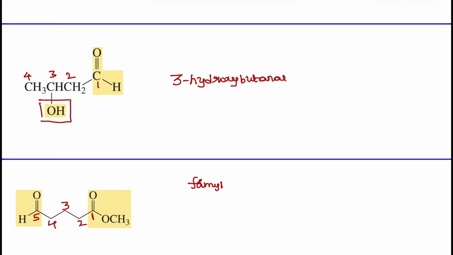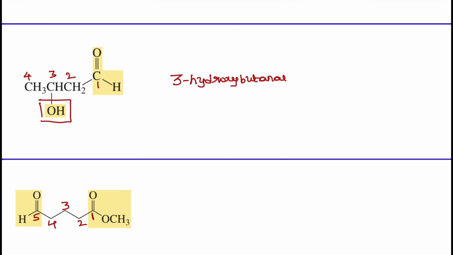One is formyl, another one is oxo. So formyl we have to use if that carbon is not coming into the longest chain. But in this example, this carbon can be included in the longest chain. Therefore, instead of formyl, we have to say oxo.